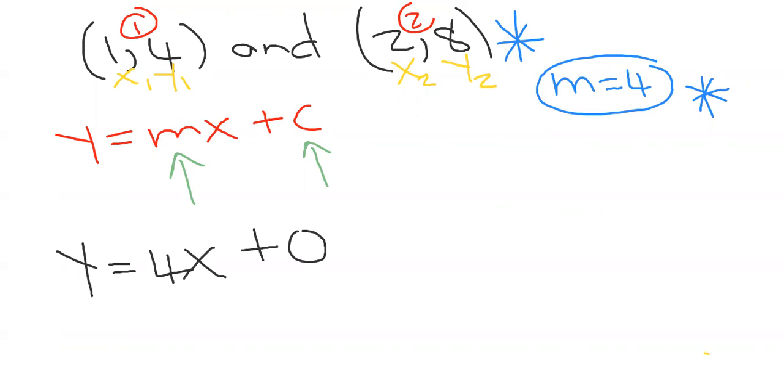Mathematically, we don't write the 0, so we can just erase it. So the equation for this line is y equals 4x. That's how we find the equation of the line.